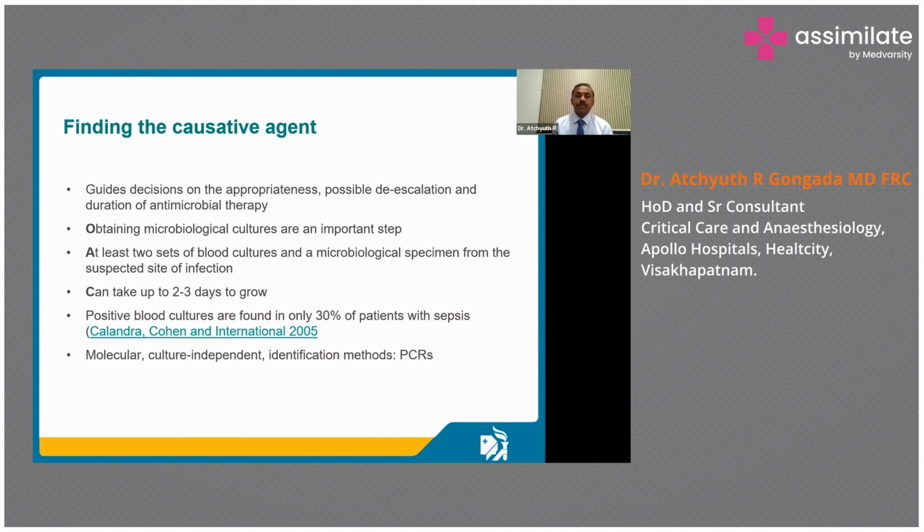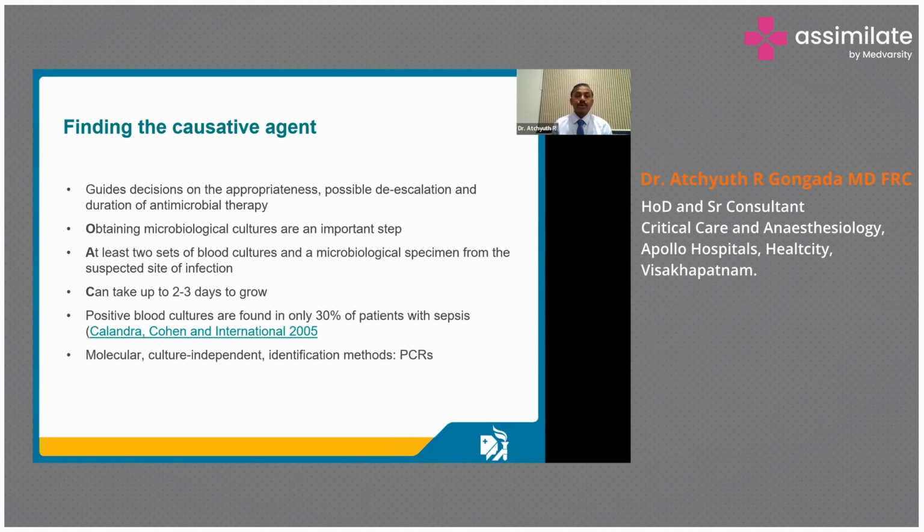So we take the culture samples and specimens and start empirical antibiotic therapy with the most appropriate cover, or we go for a wider, broader and stronger antibiotic initially, depending on the patient's condition and the possible suspected infection.